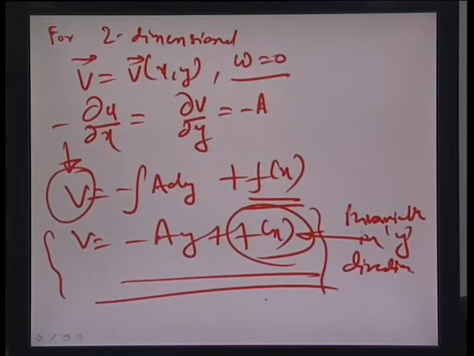So, essentially a possible y component for the steady incompressible flow can be expressed as minus a y plus a function of x. Because there is a function of x involved, there are many such solutions of the y component of velocity that are possible using the continuity equation.